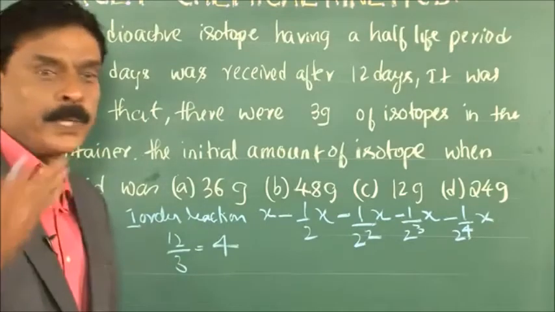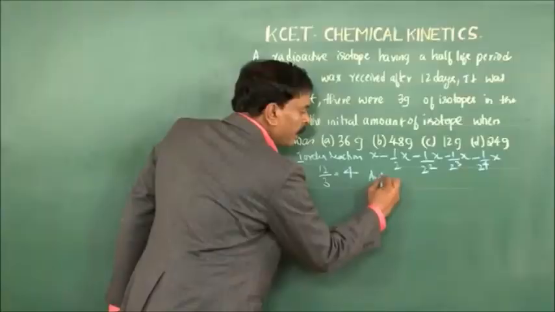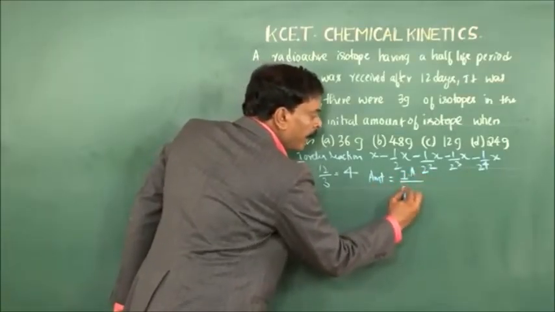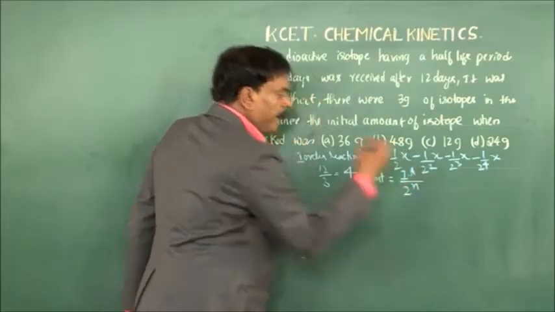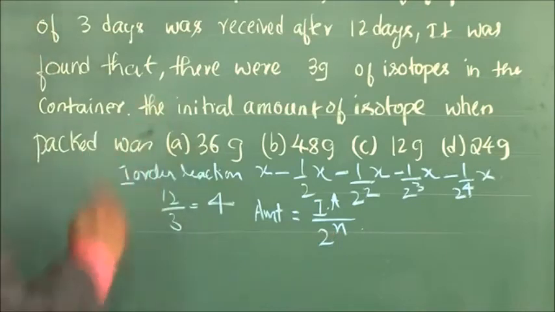So now, during 4 half-life periods, the amount left behind will be equal to the initial amount divided by 2 to the power n, where n is the number of half-life periods in the given time.